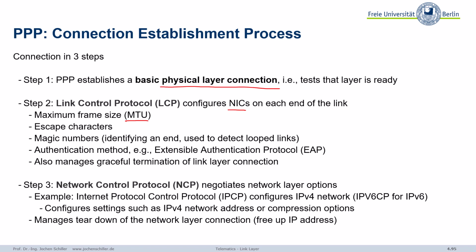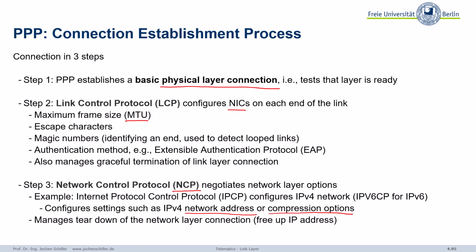And finally, we have a step 3, and that takes care of the network layer. So the network control protocol in PPP negotiates network layer options. So what is important here? Well, we need network addresses, the IP addresses, and maybe we have some options for compressing parts of the header, for example.